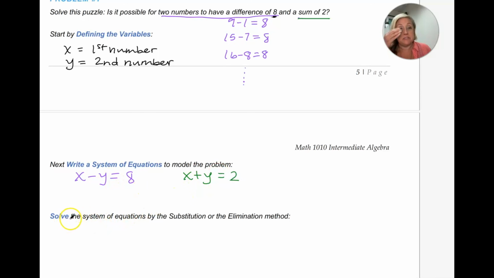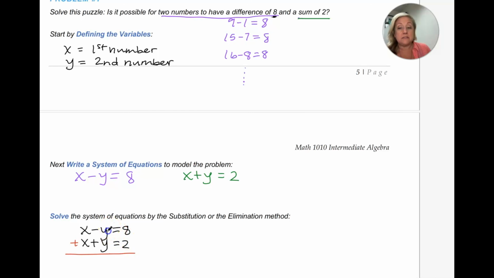Now I need to put them together and solve using either substitution or elimination. So let's write these down here. So I have x minus y equals 8 and x plus y equals 2. Now this one's really nice because look at what happens when I add these together.